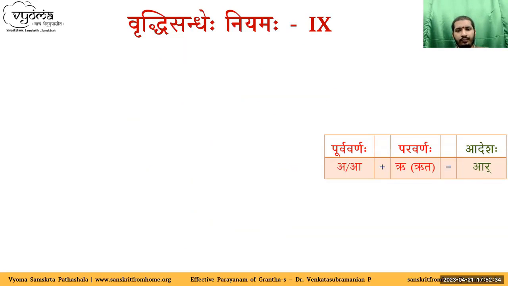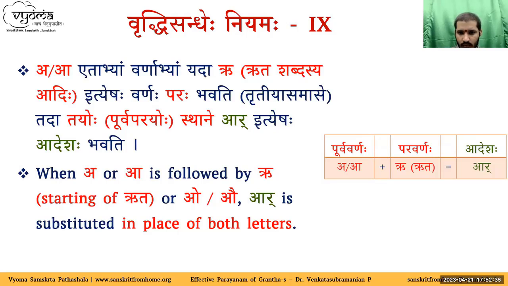So now, the same is expressed in the sentences. A ityetabhyam varnabhyam yada nama rita shabdasya adihi yada paraha bhavati tritiya samase nama tritiya tatpurusha samase yada bhavati evam tada tayoho nama purva paravayoho sthane ar iti adeshah bhavati.